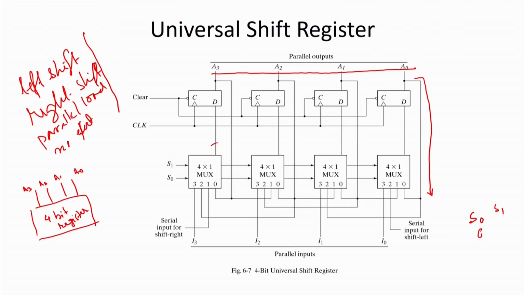That means, whenever I give the select lines as 0 0, these input lines will be transferred to the output lines of the mux, and that will go as an input to the D flip flop, and whenever the clock arrives, that will be transferred to the outputs. That means we are retaining that information over here. So, no effect will be given by these control signals S0 and S1.